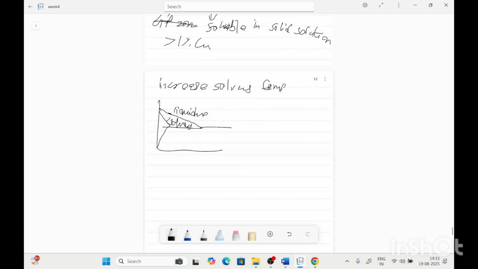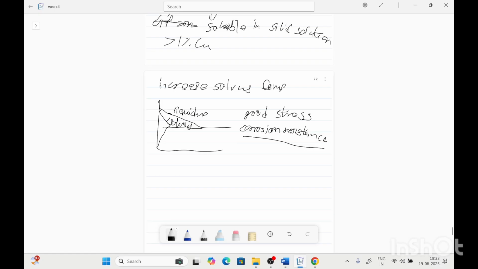It has also good stress corrosion resistance. The stress corrosion condition is generally present when the load is applied and some corrosive environment is also present around the component.